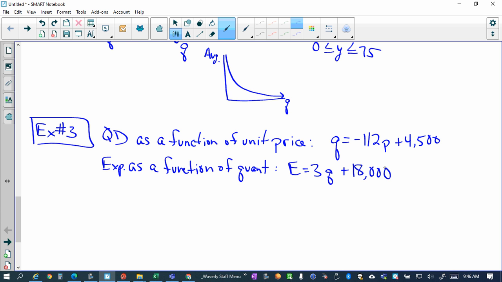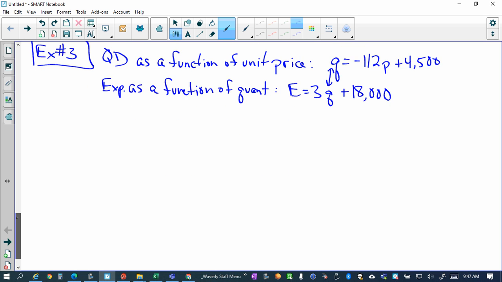So could I replace something with something else? Replace Q with the thing it's equal to up here. But I want to replace it as one whole thing, so I want to put it in parentheses. Okay, so let's do that substitution. So this will be our expense as a function of price now.